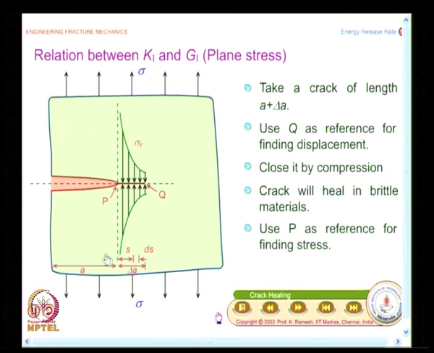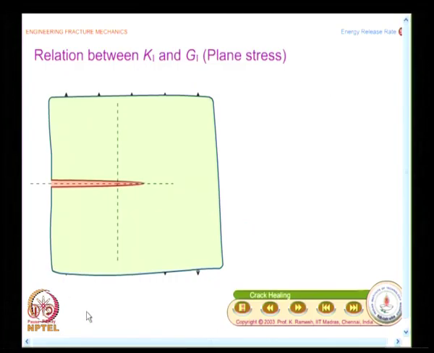Now, for your benefit, I would repeat this animation once more, and if you carefully watch it, whatever that happens on this animation is synchronized with the points that appear on the right side. So, I would repeat the animation that would clarify what is the thought experiment that we will have to visualize.